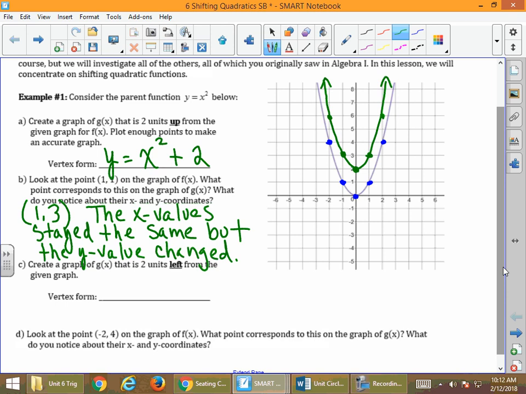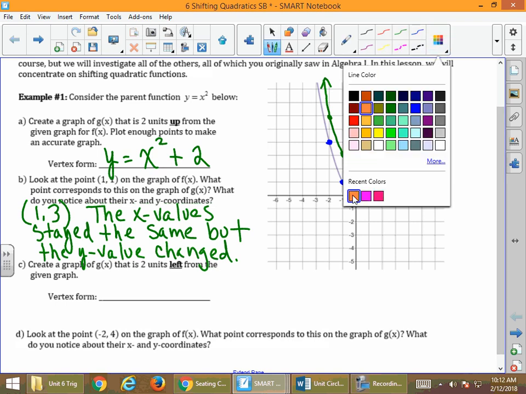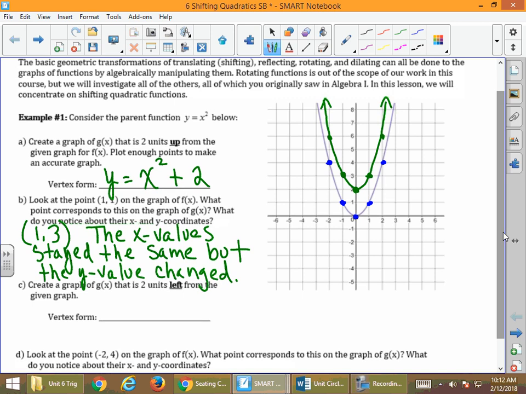So now you might want to switch colored pencils with your neighbor to get a different color, because now we're going to create a graph that's 2 units left from the given one, which in my case is blue. So with your neighbor you could change if you would like, or maybe you just want to write in pencil. But now we're going to move our blue graph left 2 units.